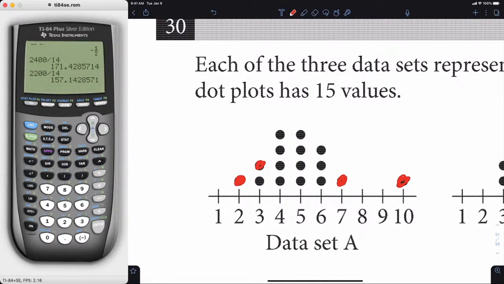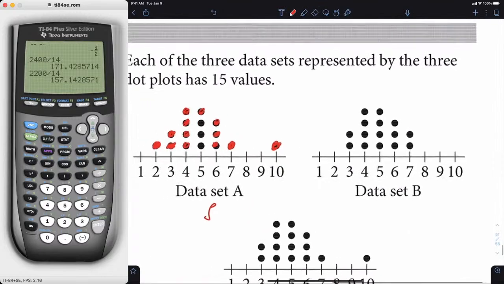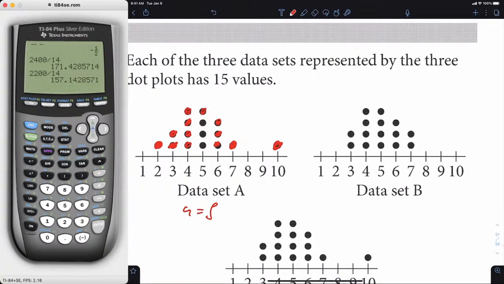Yeah, because I want to get closer and closer to the center value. So 1, 2, 3. Then it's going to be 4, 5, 6. So this is 5. So A here equals 5.